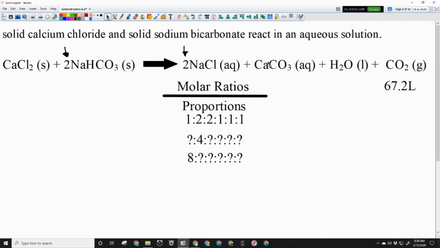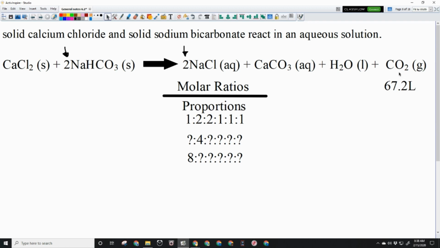Well, what that is, is moles. So we have 1 mole of calcium chloride combines with 2 moles of sodium bicarbonate to produce 2 moles of sodium chloride, 1 mole of calcium carbonate, 1 mole of water, and 1 mole of carbon dioxide.